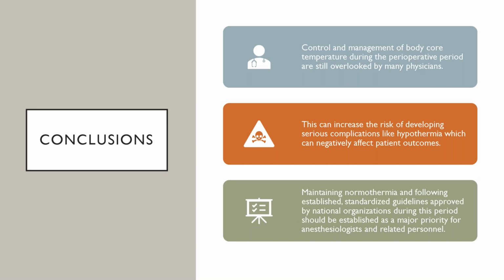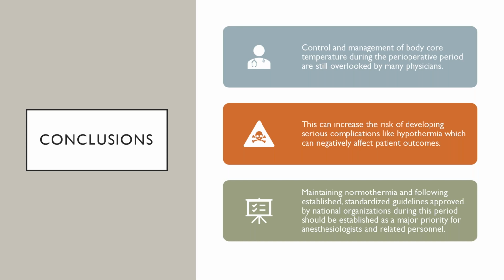So control and management of body core temperature during the perioperative period is very important and can lead to some very serious potential complications. Perhaps more importantly, in an ambulatory setting it can delay discharge from PACU and recovery.